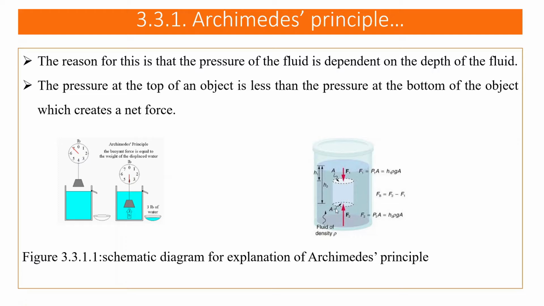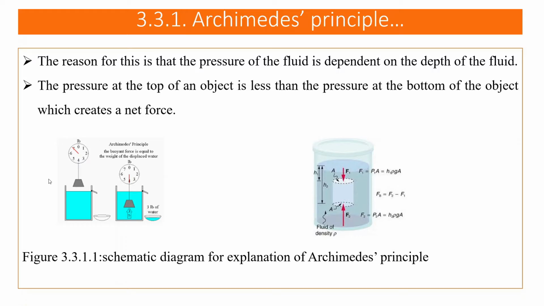The force at the bottom of this object, F2, is equal to P2 times area, which is H2 rho g times the area. Even if the area is the same, due to the difference in heights, H1 and H2, we will get a difference in the values of F1 and F2.